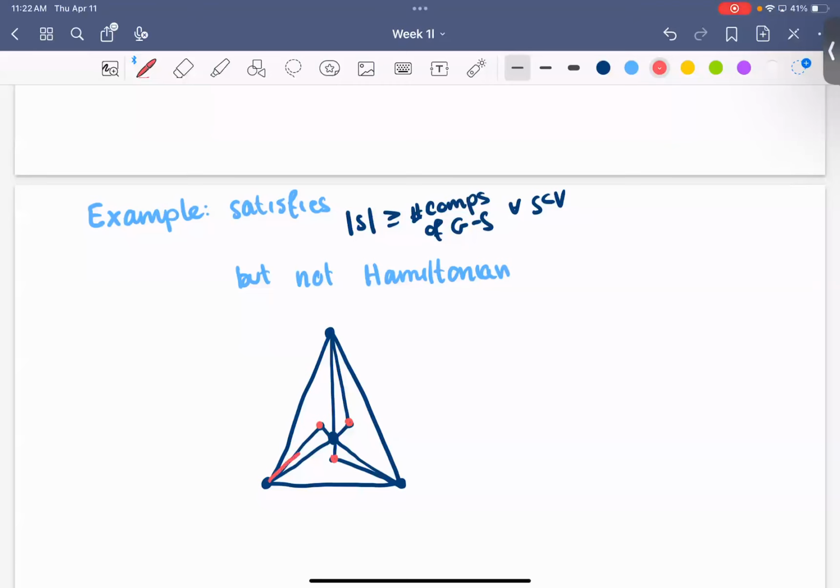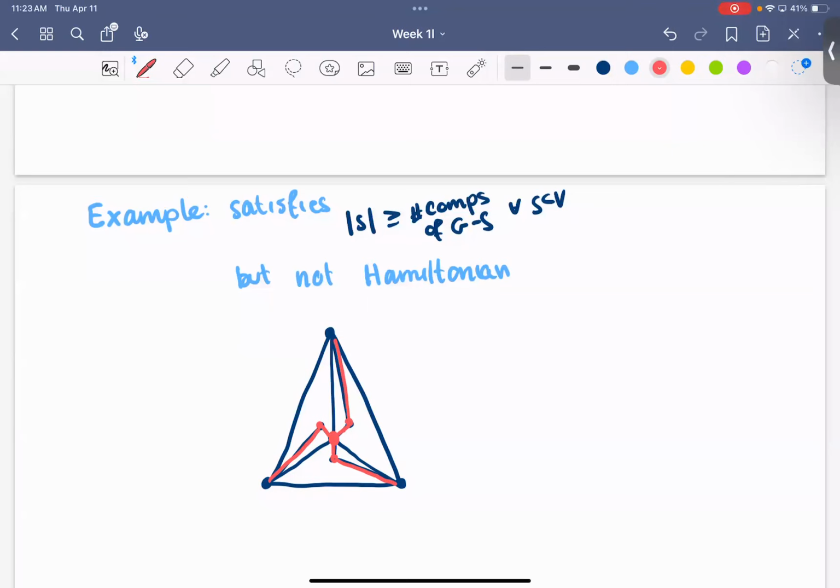We have to use the 2 edges that are adjacent to those vertices. But then that requires me to use all 3 of those edges connected to the central vertex. So that means it won't be possible to make a Hamiltonian cycle.